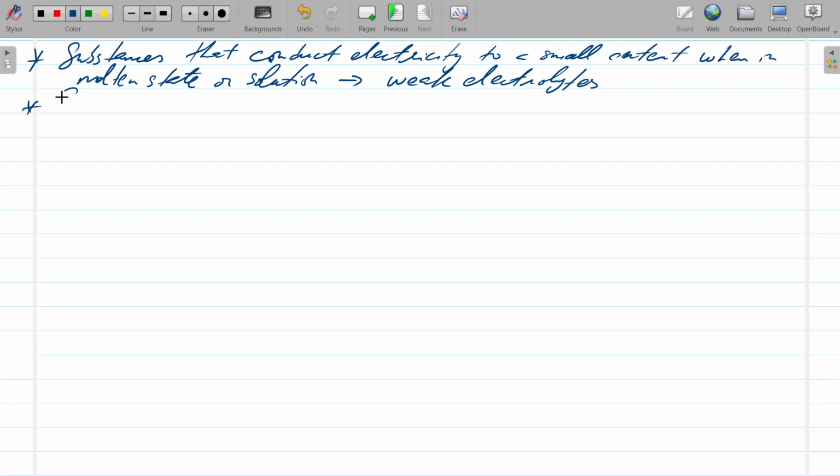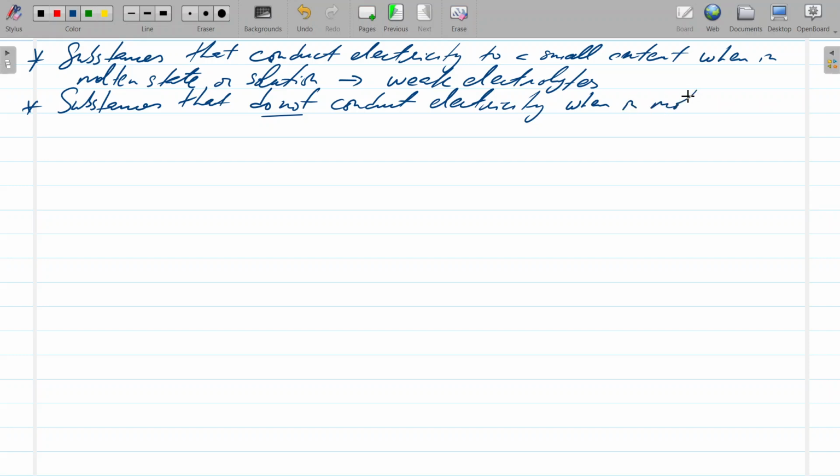And substances that do not conduct electricity when in their molten state or aqueous solution are called non-electrolytes.